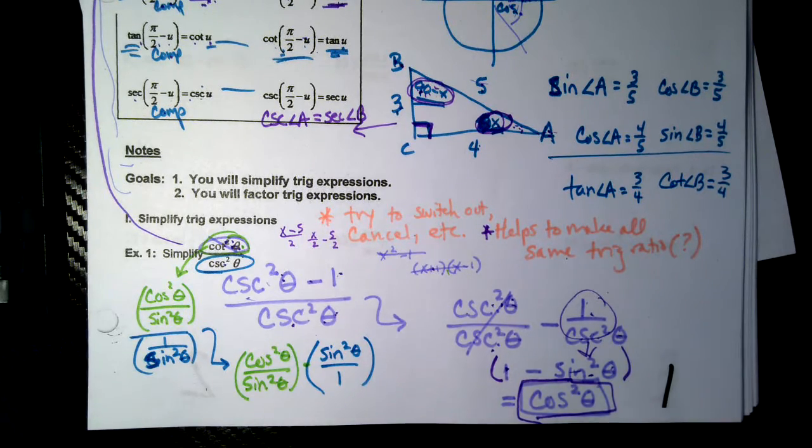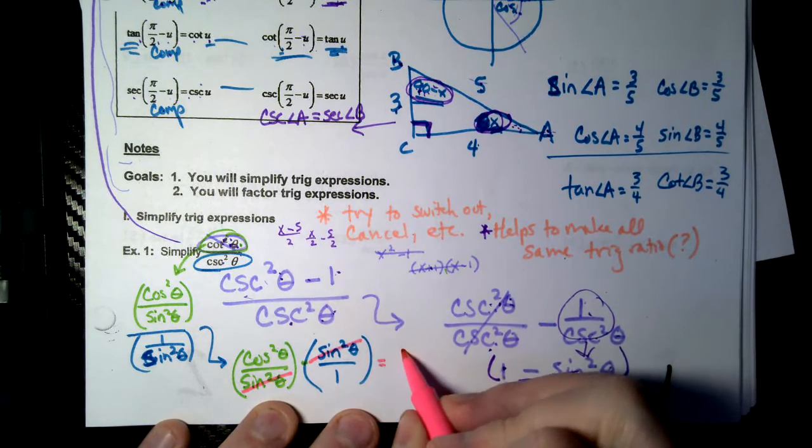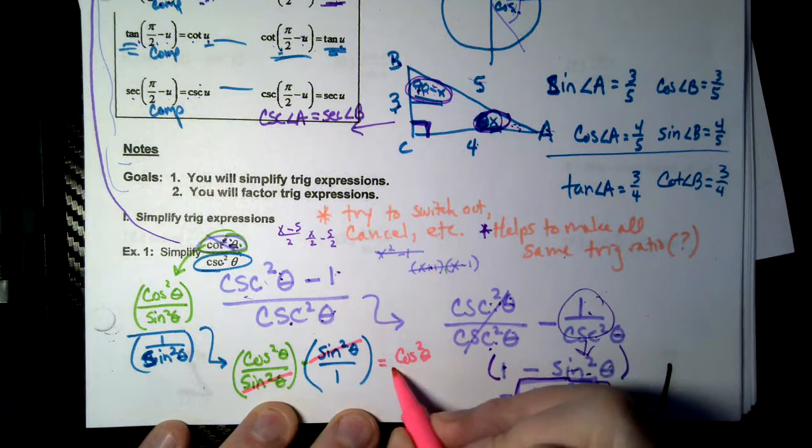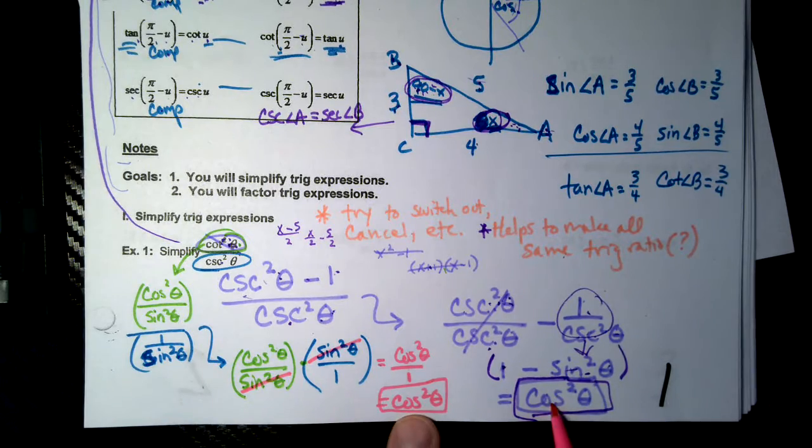And there might be a few kids right now going, oh, I see it. The sine squareds cancel out, and you're going to end up with cosine squared theta over 1, which is cosine squared theta.